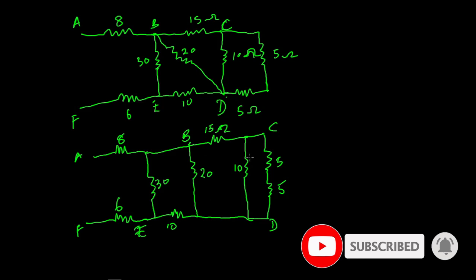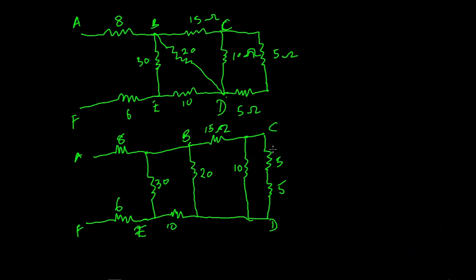To easily calculate the effective resistance, these two 5 ohms resistors are in series. That means their total value is going to be 10, because 5 plus 5 is 10 ohms. This is another 10 ohms resistor.